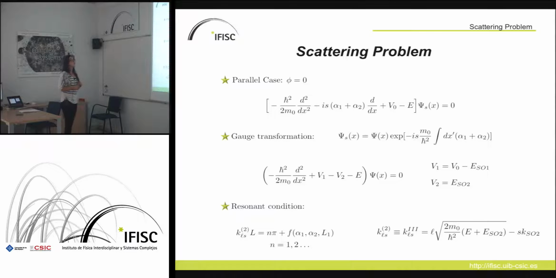If we solve this scattering problem, we can obtain the resonant condition, which depends on all the parameters of the system, where K2 is the momentum in the central region, L is the length of the central region, and this F is a complicated form that depends on alpha 1, alpha 2, and L1.